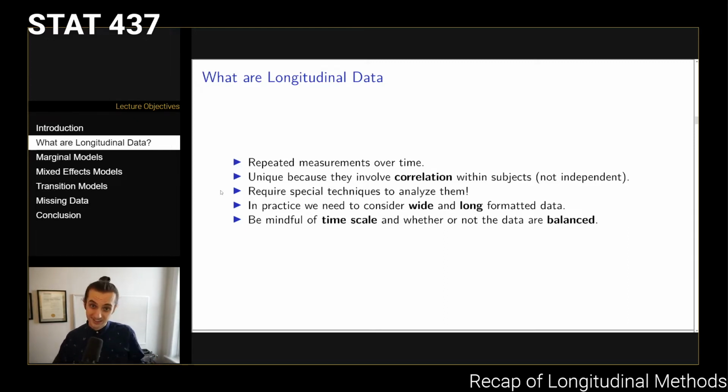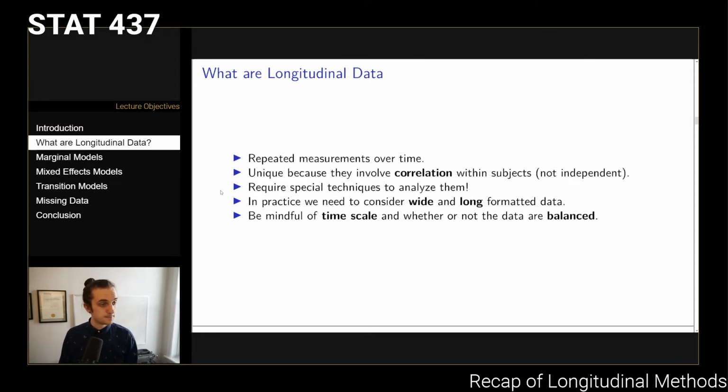And with balanced versus non-balanced data, remember that the key distinction there is that with balanced data, everyone has measurements taken at the same points in time, and they all have the same number of measurements. It's nicer to work with balanced data, but in practice, we're often going to end up with imbalanced data, particularly when there's missingness.